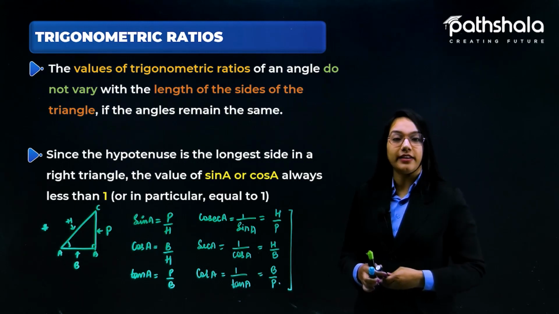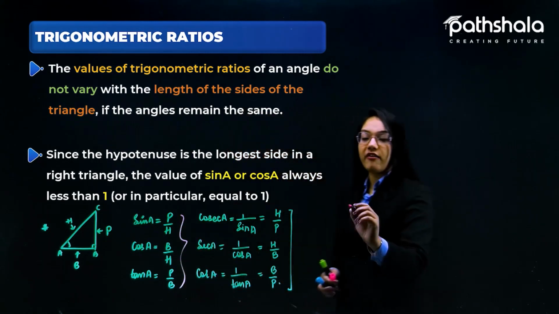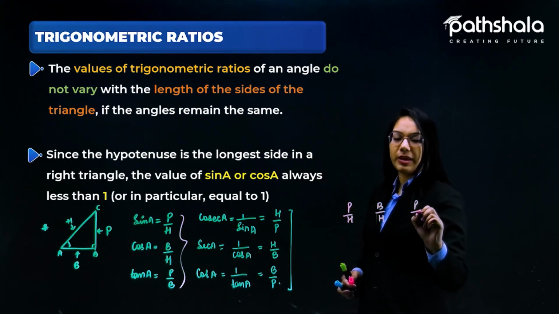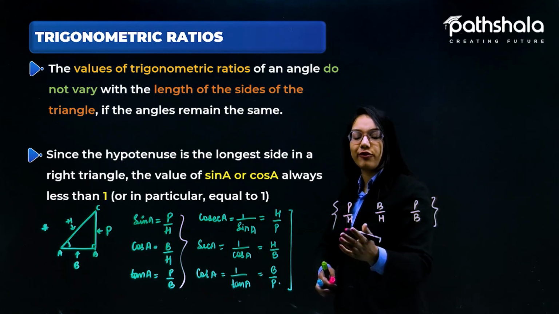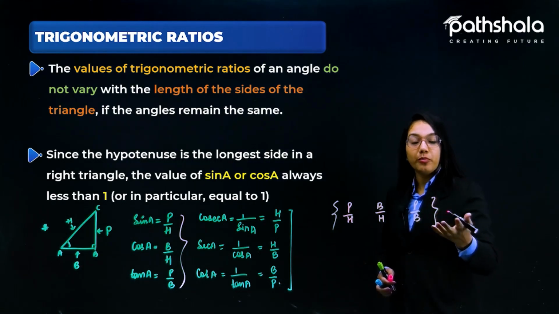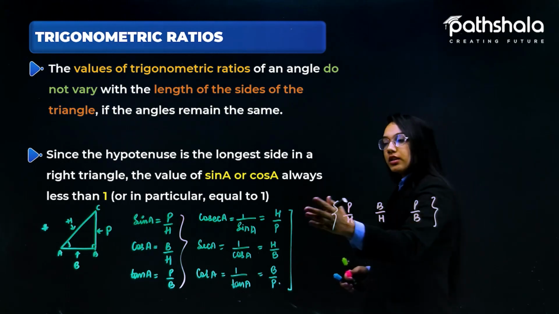The basic 3 trigonometric ratios that we have to learn are these 3: P by H, B by H, P by B. These 3 ratios are really important, because if you know these 3, then you can form the other 3 all by yourself.